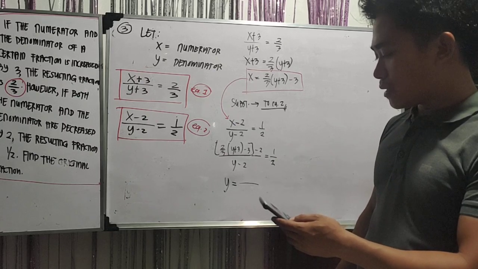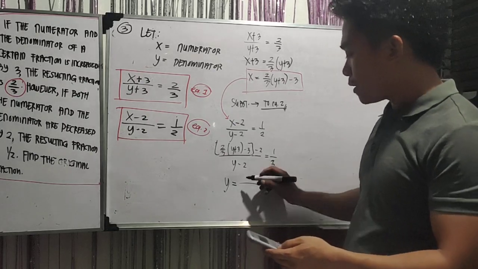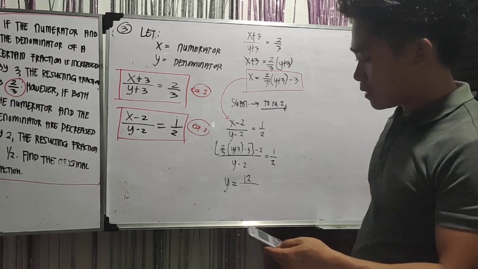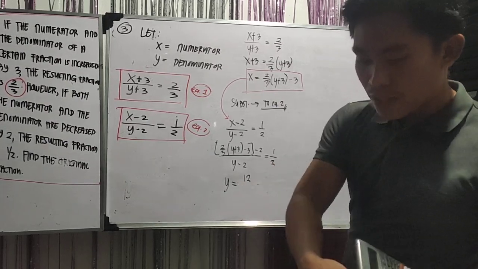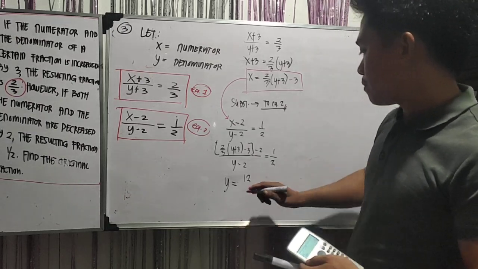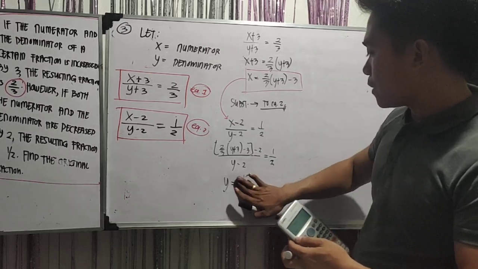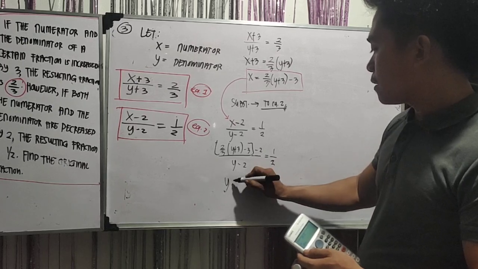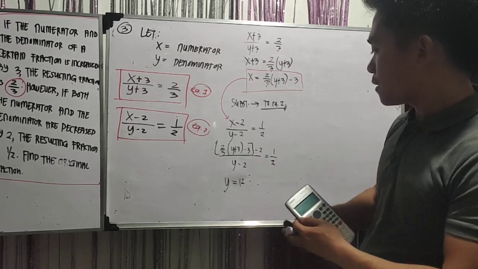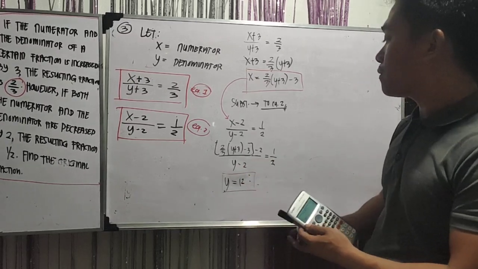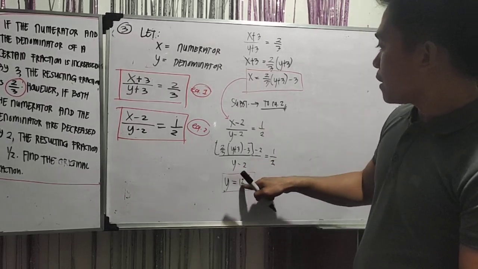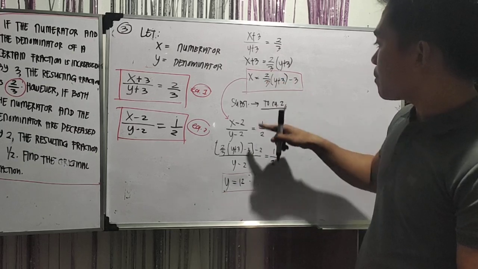So the value of y is 12. Okay? Now, you now have the value of y. May value ka na ngayon ni y, which is 12. You can then solve for the value of x. Yung value ni y, substitute mo doon, para masolve mo si x.